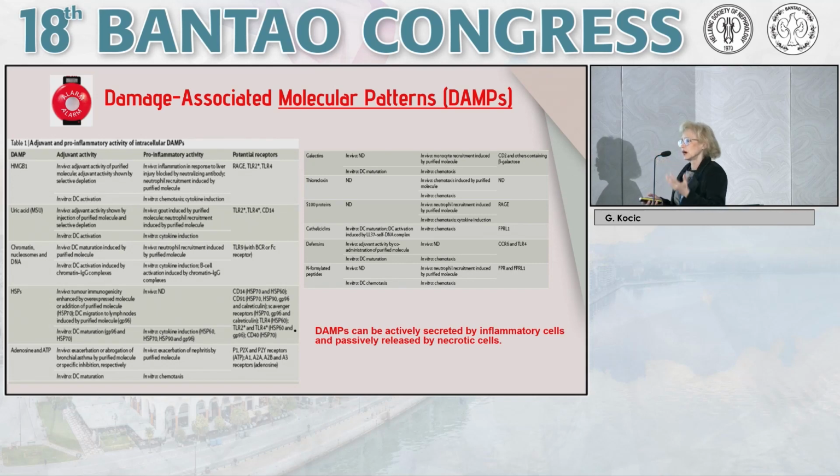We have up to now identified a lot of damage-associated molecular patterns. You can see here that among them are nucleic acids, ATP, adenosine, galectins, thioredoxin, S100 proteins, high mobility group protein 1, and another, you can see here a number of them.